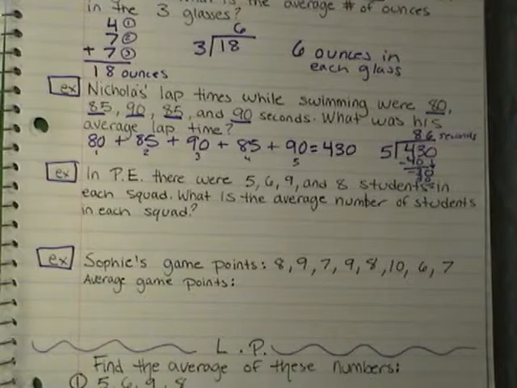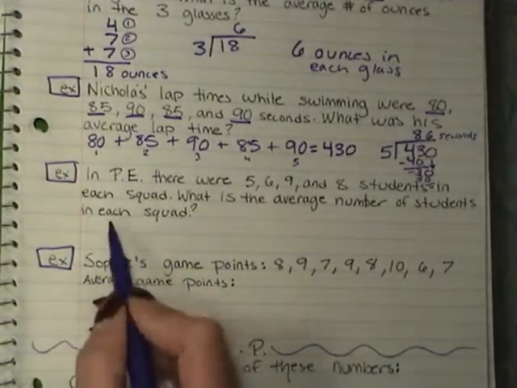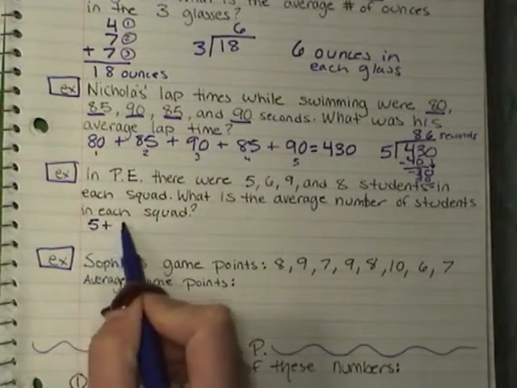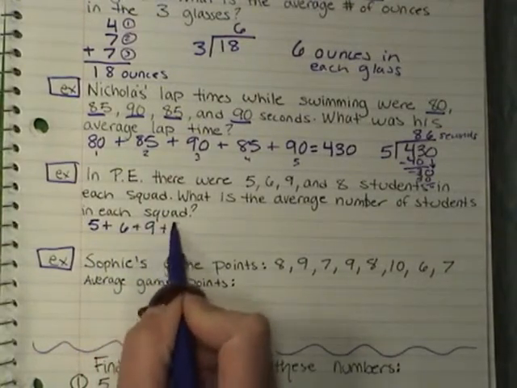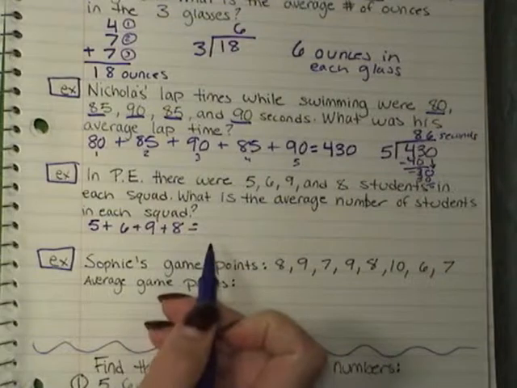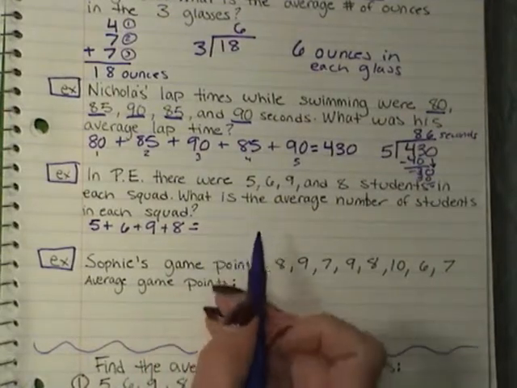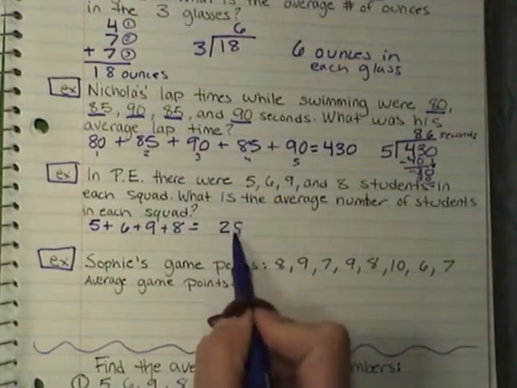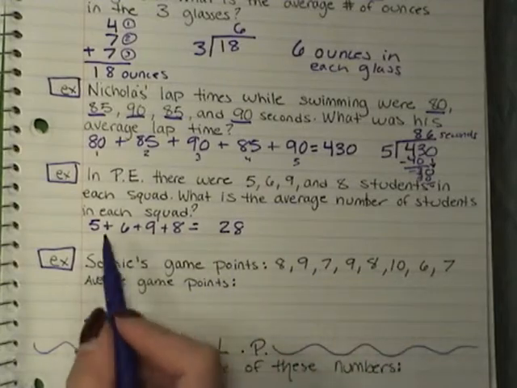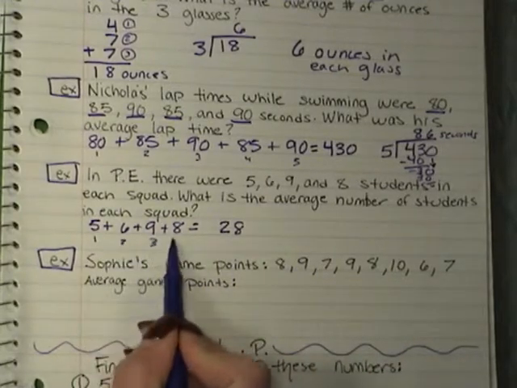Okay, so I'm going to again add all my numbers. 5 plus 6 plus 9 plus 8. Okay, and when I add all those together, I get 28. And then I count how many did I have? 1, 2, 3, 4.